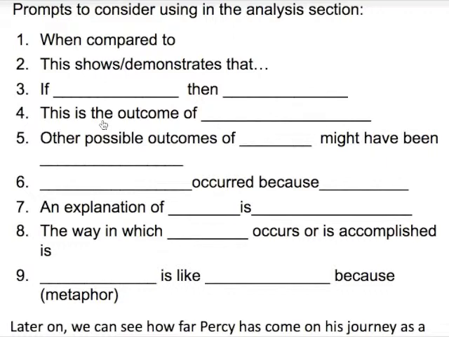If Percy did this, then that would happen, or if Percy had not done this, then this would happen. This is the outcome of, or other possible outcomes of this situation might have been. This occurred because, an explanation of this is, or the way in which this happens is, or this is like something because. So these are some ideas for just getting you started thinking about what you can say about your examples.